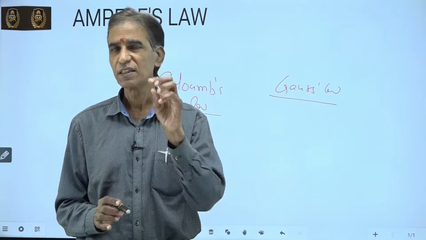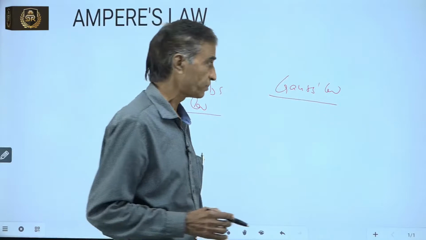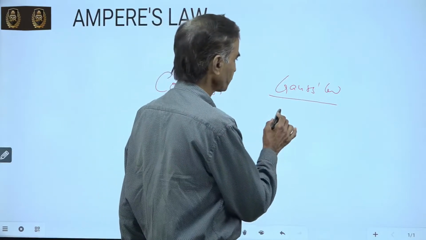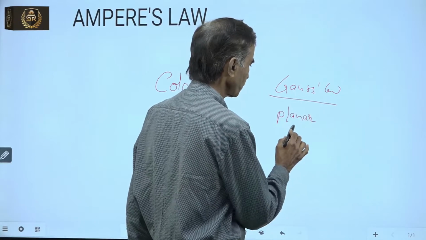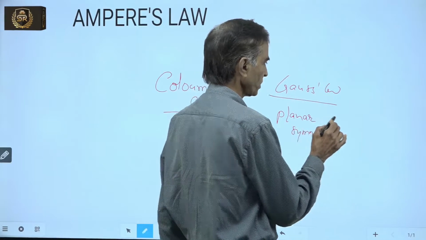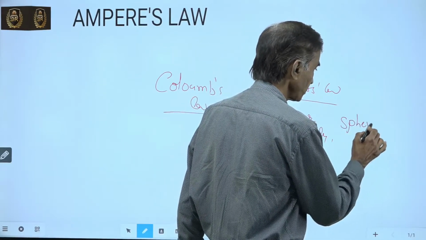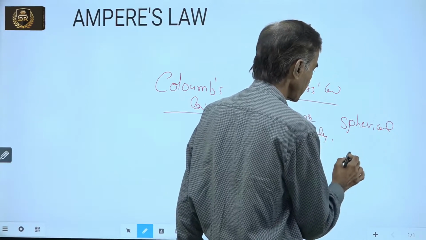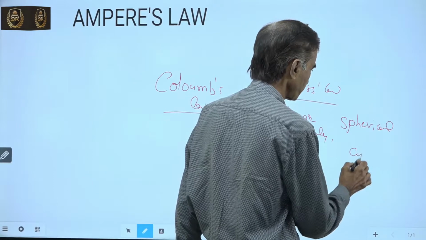We have seen there are three types of symmetry in the charge distribution: planar symmetry, spherical symmetry, and cylindrical symmetry.